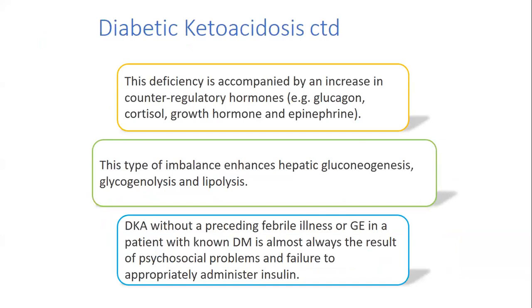Most of the time, especially in our adolescent children, DKA without a preceding febrile illness or gastroenteritis, which we see commonly among children less than 5 years, in a patient known to have diabetes is almost always the result of psychosocial problems and failure to appropriately administer insulin.